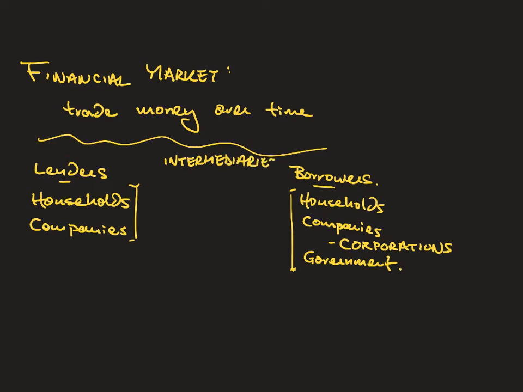Two important types of intermediaries include banks and mutual funds. And again, it's an intermediary. Banks and mutual funds don't have any purpose other than to really help the market clear and to have the expertise in identifying, for example, good borrowers.